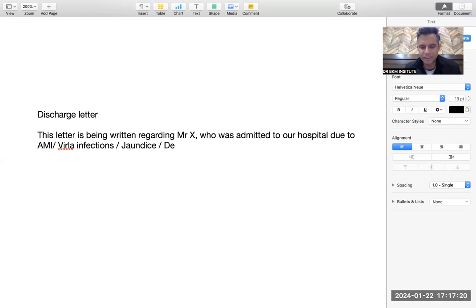So what happens to the patient after getting the treatment? The first line is: this letter is being written regarding who was admitted to our hospital due to this thing. After treatment, so what do you do in the hospital? You provide the treatment. After treatment, he is better, so he is being discharged.